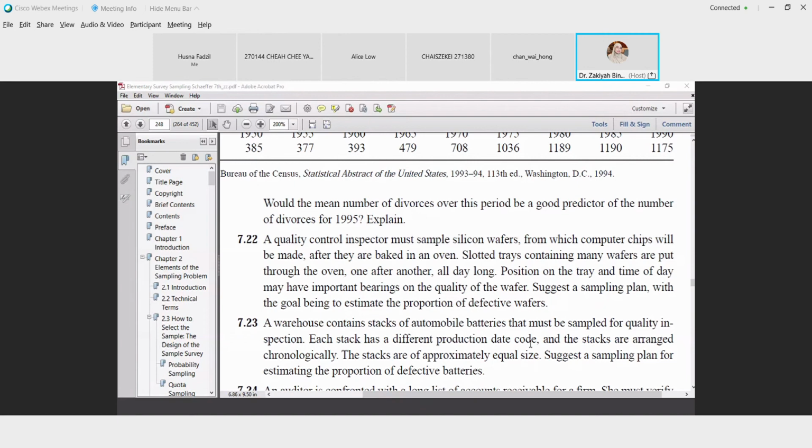Again, this requires technology knowledge. The process expert would know this. But you, as a statistician, your advice would be that you must take into account the position of wafers on the tray, the position of the tray in the oven, and the time of the day when it's loaded, when it's baked.